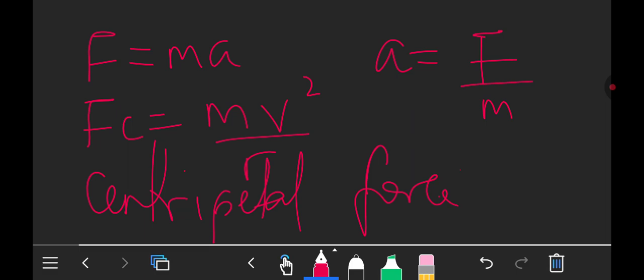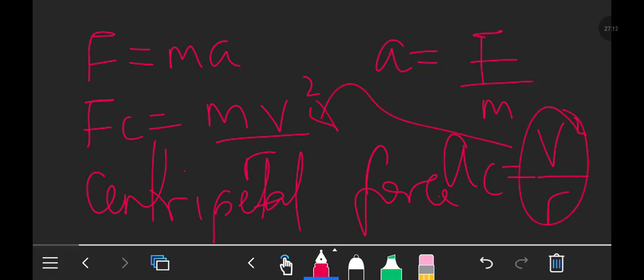How do you find the centripetal acceleration? Centripetal acceleration is given by v squared over r. This is the one which we had to substitute there, so as to get the centripetal force.